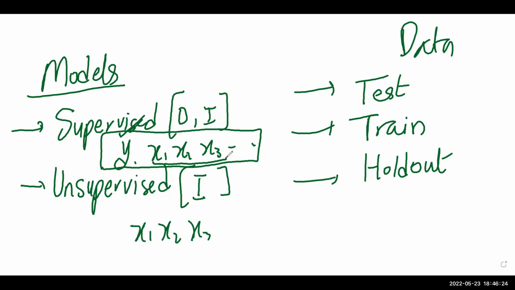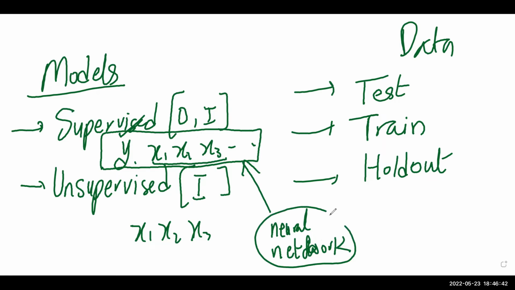I have seen many papers where they compare PLS with other supervised models like neural networks. Recently, I found a paper where the comparison is done between PLS and neural network, and they prove that PLS is much better than neural network. If you think in that way, you can give new dimensions to your paper.